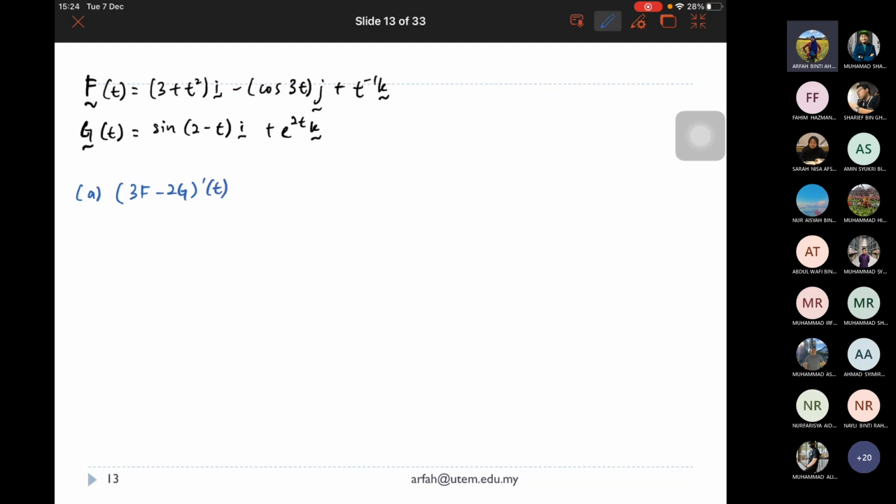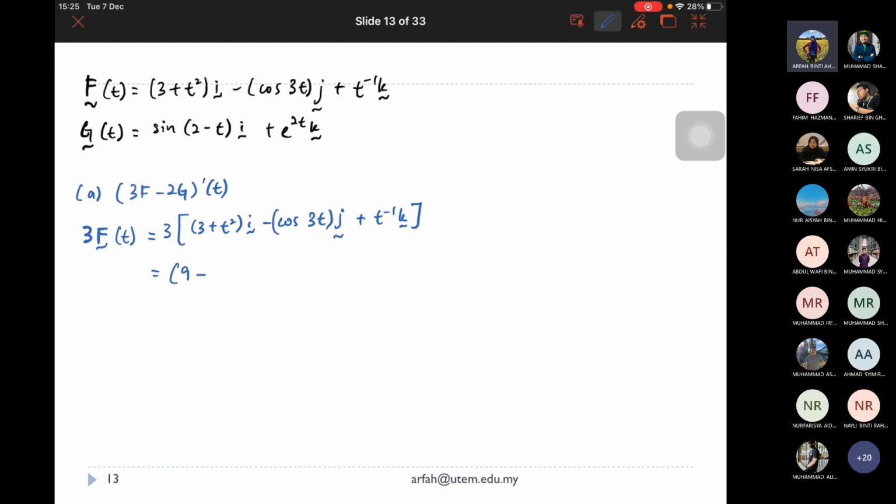Question, it will be easy kalau kita terus directly buat ikut dia punya soalan. So we don't have to do the rule for this one. Okay, the derivative rule. So 3f. Okay, 3 darabkan dengan vector f(t). So akan dapat sama dengan 3 multiply with 3 plus t squared i tolak dengan cos 3t j tambah t minus 1 k.